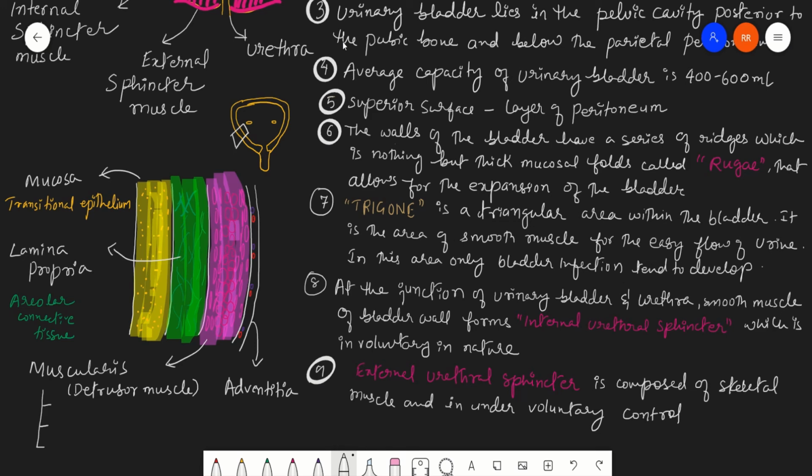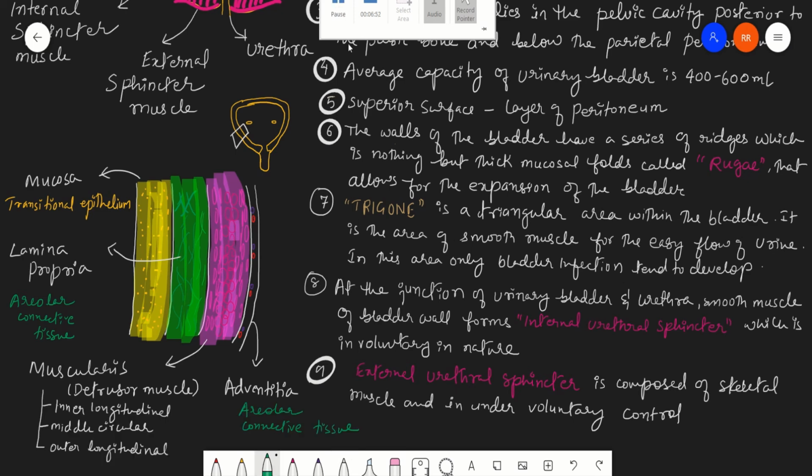This detrusor muscle, this muscularis layer, is divided into three sublayers. Just like in the ureter, where we have two sublayers of muscularis, here we have three sublayers. The inner and outer are longitudinal, and the middle layer is the circular layer. And the superficial layer, that is adventitia, is composed of areolar connective tissue, just like the ureter.